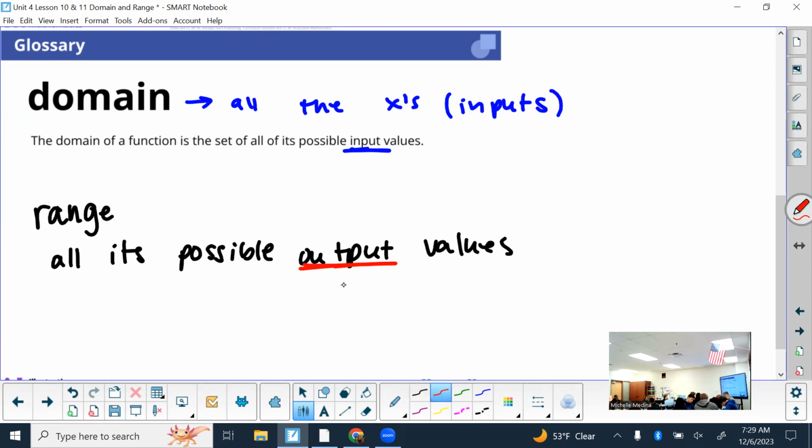The y's. So all the possible y's of a function. So an easy way that my students have memorized it in the past is Dr. XY. So you remember domain is all the x's, range is all the y's.